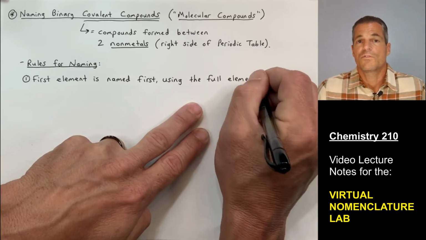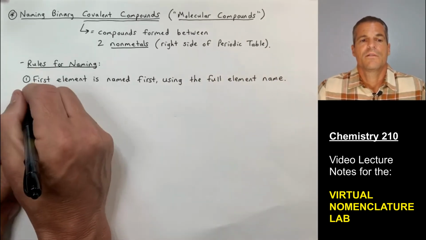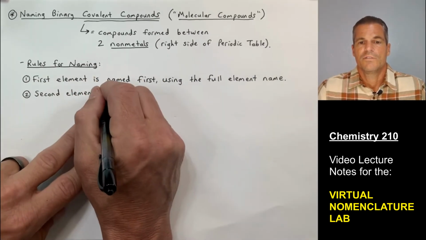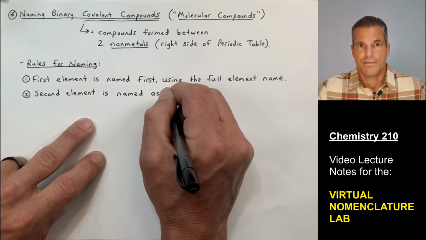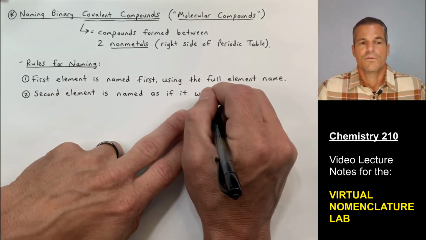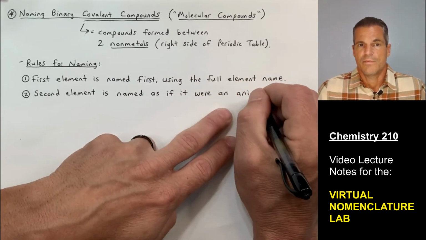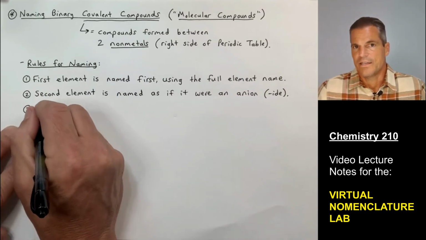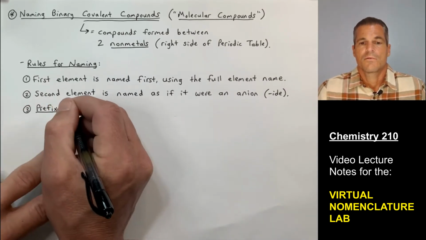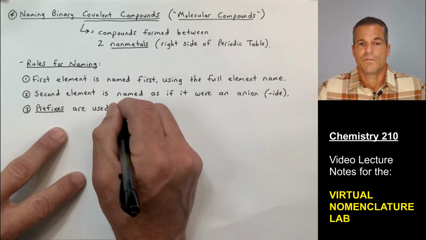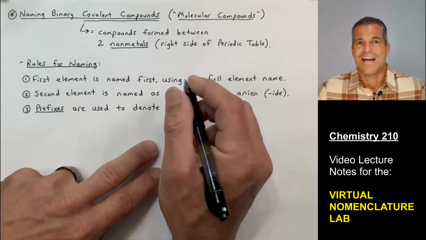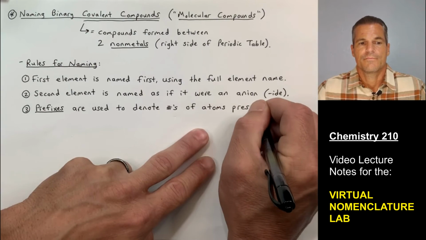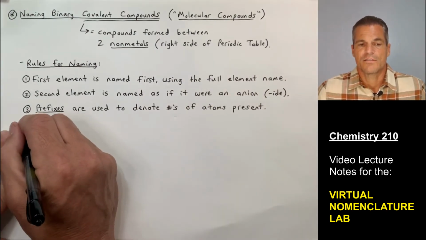So here are the rules for naming covalent compounds. Rule number 1, the first element is named first using the full element name. Rule number 2, the second element is named as if it were an anion. Of course it's not, but it's named as if it were an anion. In other words, it gets the -ide suffix. Number 3, first time we've ever seen prefixes.